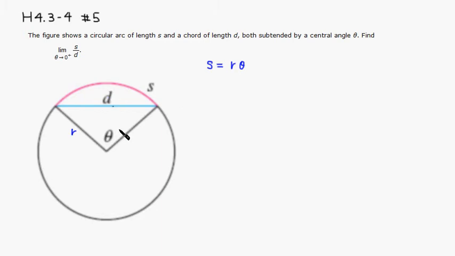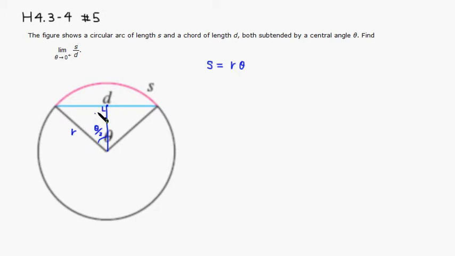To find D, I'm going to take a midpoint and cut this triangle in half. We know that the angle here is 1/2 of theta, so it's theta over 2, and this is a right angle.